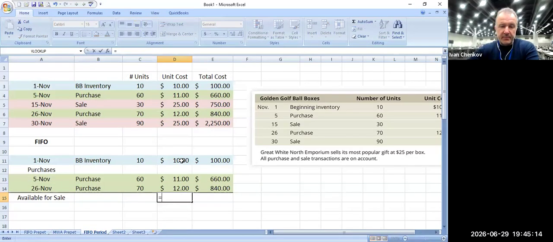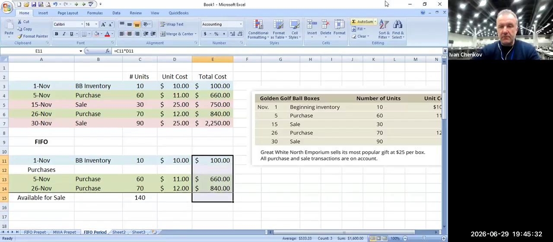We already know we have the beginning inventory plus the 60 plus the 70. We're getting 140. Total cost, we get the total cost: 1,600 available for sale.